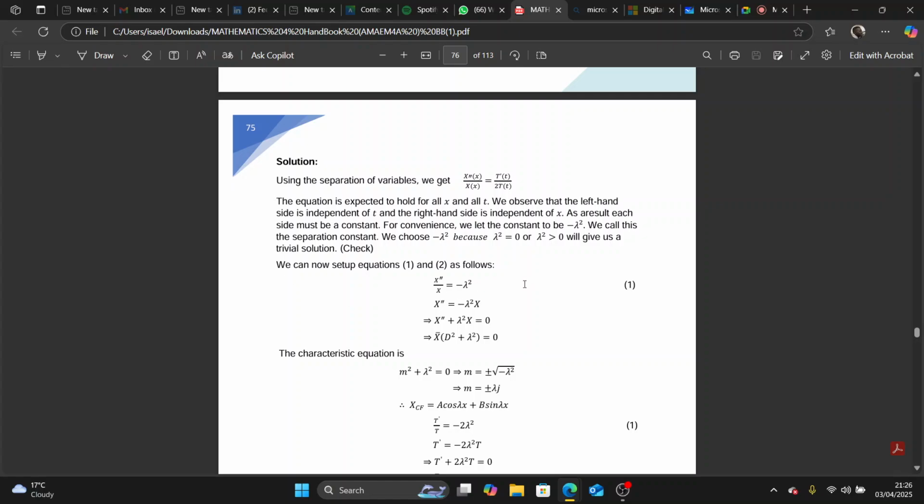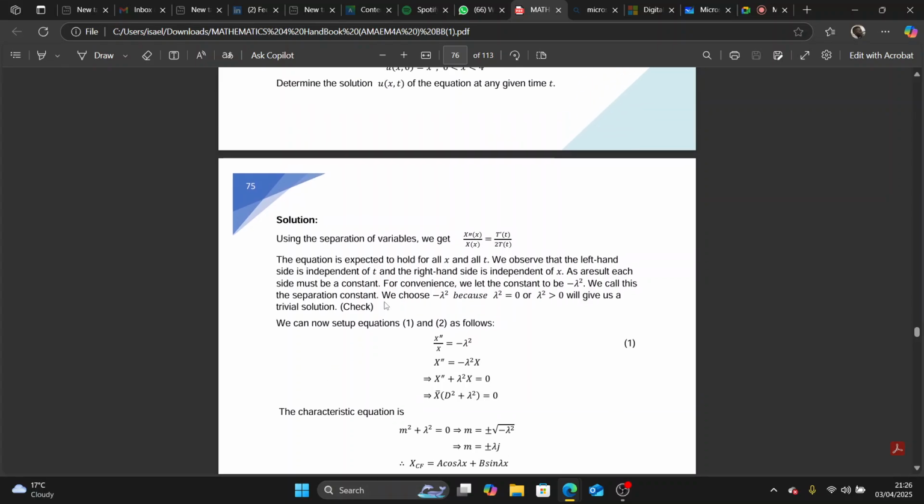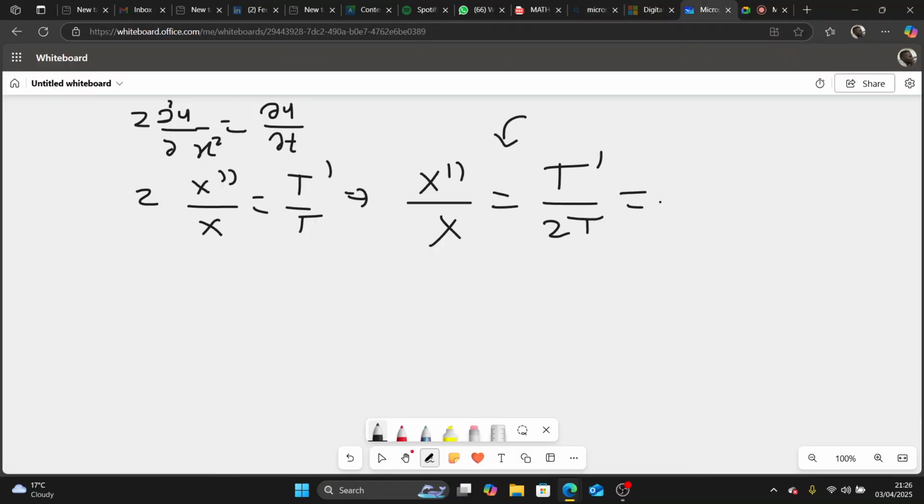That one is advanced level if you go to mathematics 5 and further math. So because we do not want a trivial solution, manager, we always equate this separation of variables to lambda square. So these equations should be equal to minus lambda square.